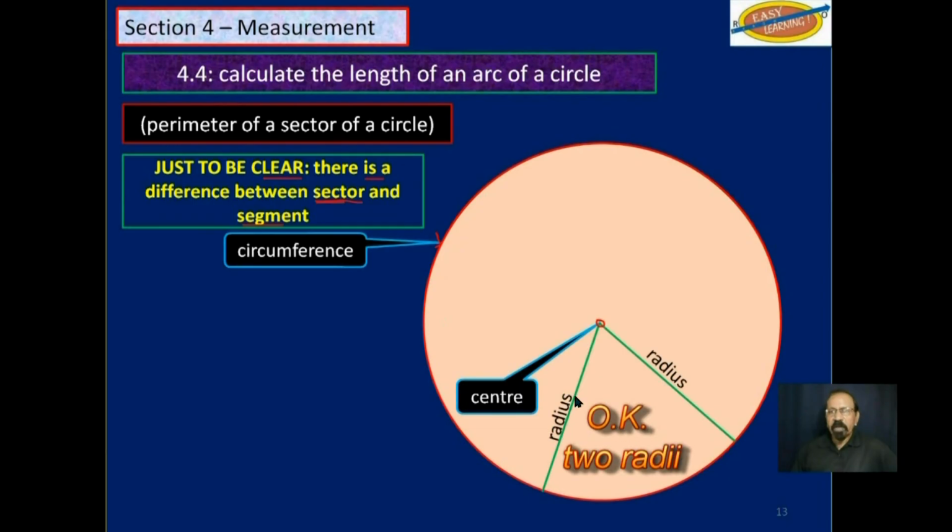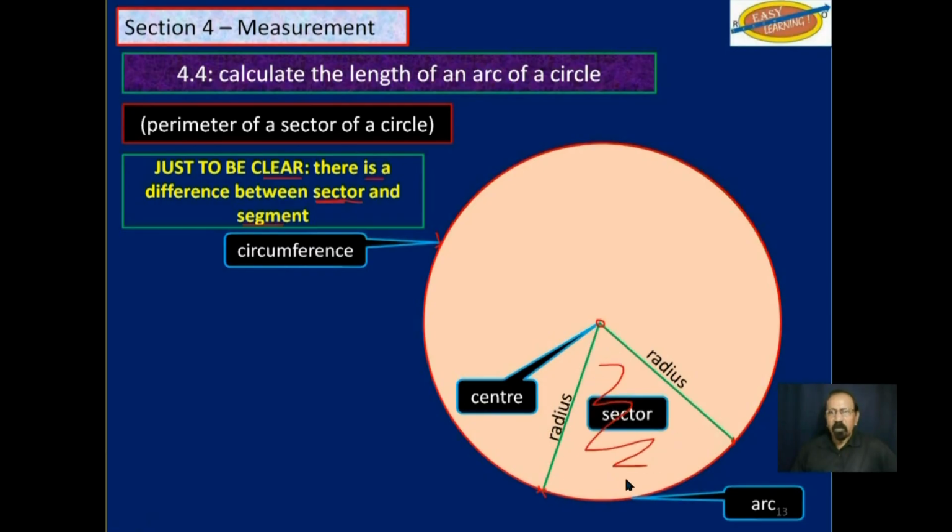If you draw two radii from the center to the circumference, we have an arc formed, and this part of the circumference is called an arc. The area between the two radii and the arc is called a sector. That's a sector.